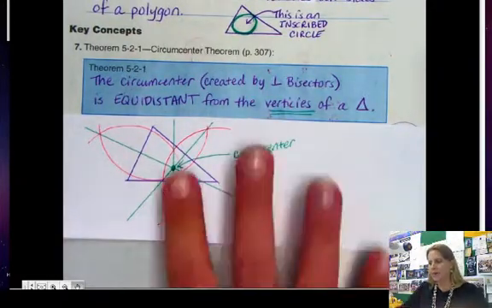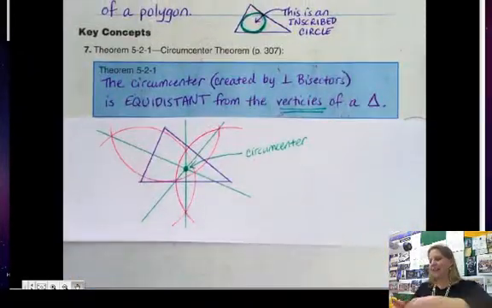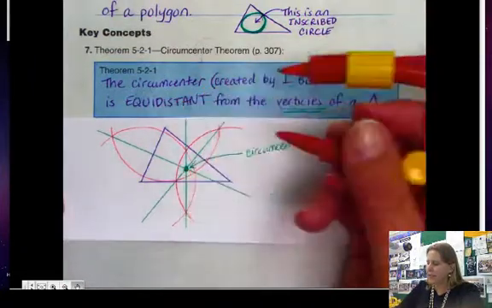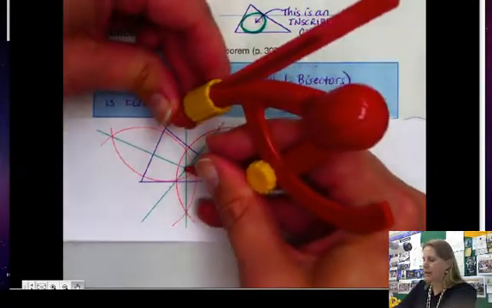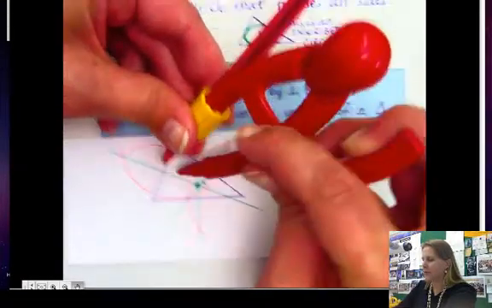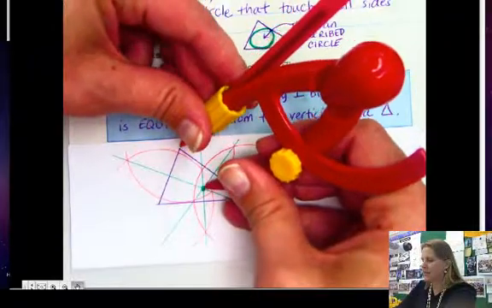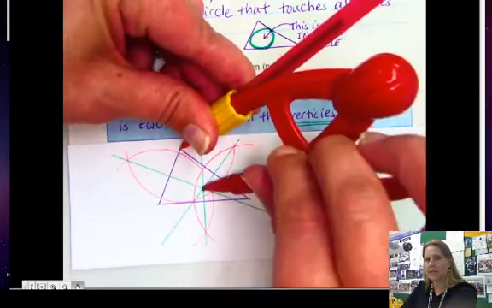So remember what I said, what was cool about this is that you can create a circumscribed circle. So we're going to do that. If you take your compass and put the point of your compass on the circumcenter and have the size of your compass be the same size from the circumcenter to one of the vertices, just like that.